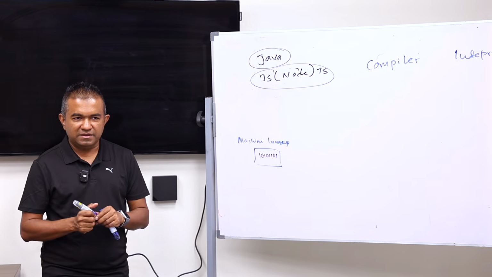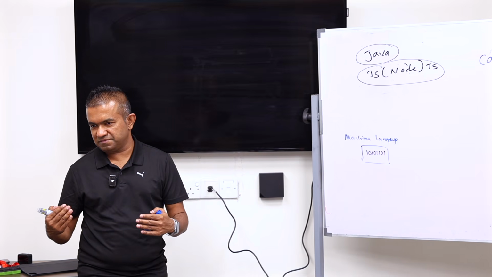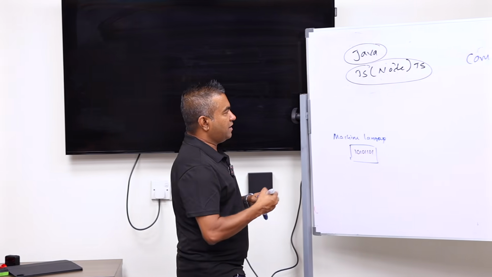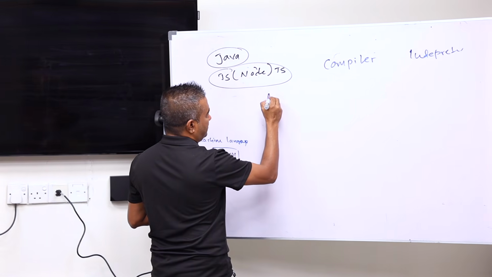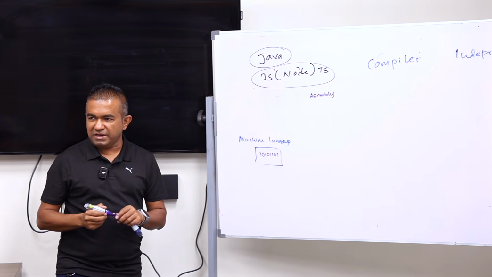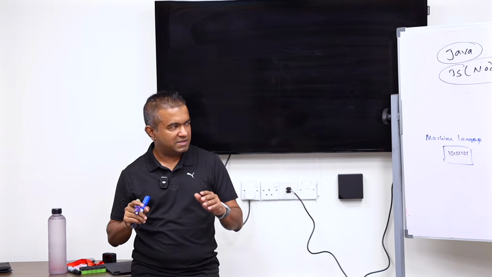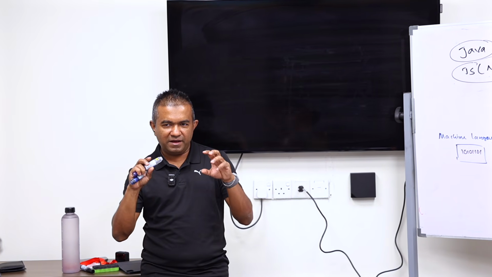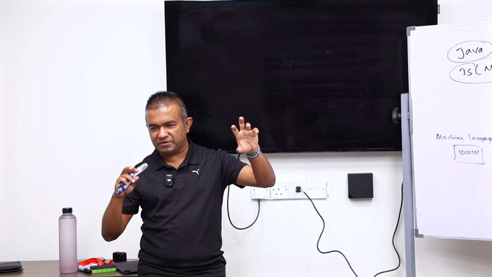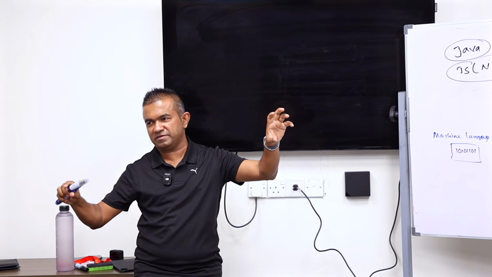But humans cannot write programs as 1s and 0s, so they created a language called assembly. Assembly is considered a low level language because we need to know and define the memory addresses: this is the memory address, this is the value.